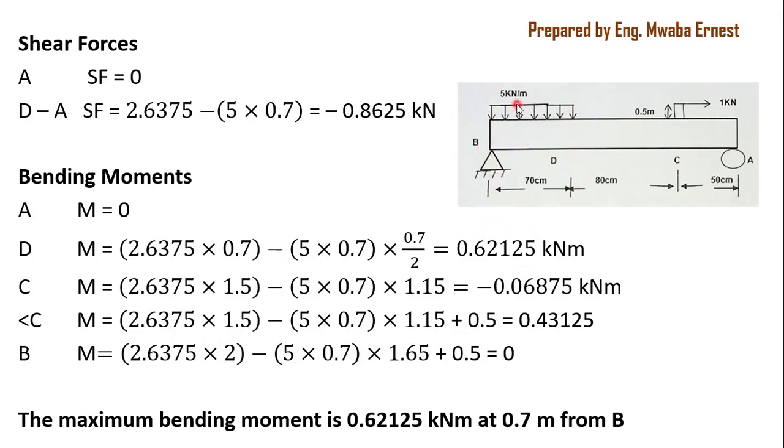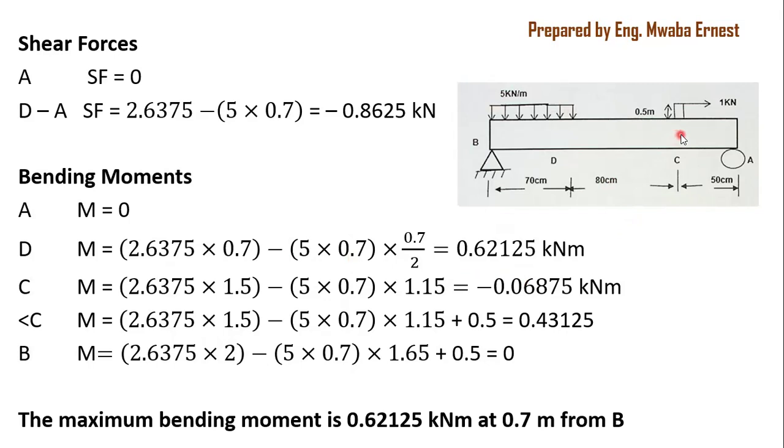This other UDL is negative because it's acting downwards. So negative 5 times 0.7 times half of 0.7. And once you compute, you have 0.62125.